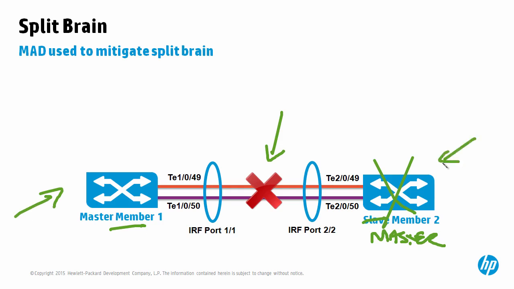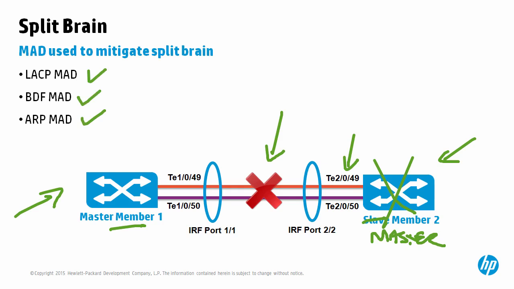This device on the right is taken out of the network by shutting its ports down. So all ports on the switch are shut down except the physical IRF ports on the switch. In the advanced IRF videos available on the HP website, we will talk about LACP MAD, BFD MAD, and ARP MAD, which are 3 different implementations of MAD to stop a split brain scenario.